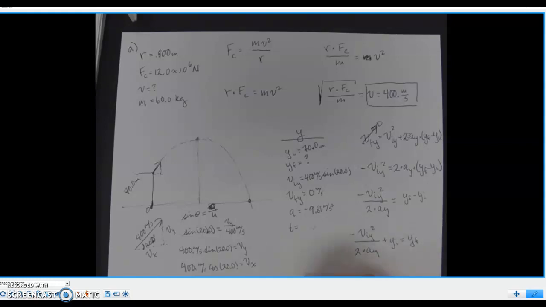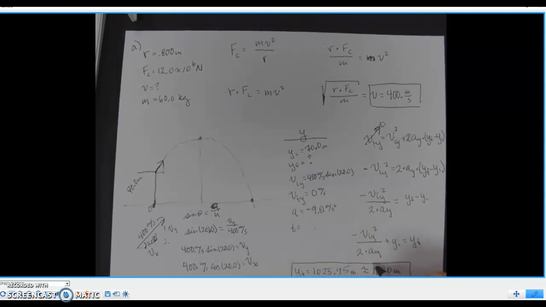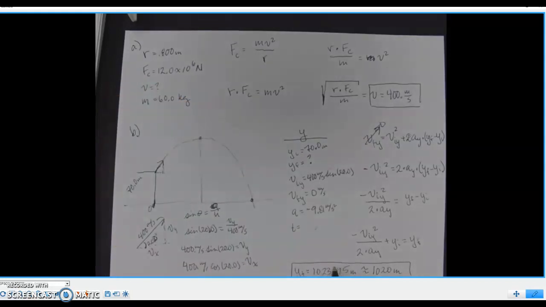Okay, so the longer number I got was y final 1023.95 meters, which is about, with 3 significant figures, 1020 meters. That would be my final answer for part B here, but then I would use the long number later on in the other parts. Okay.